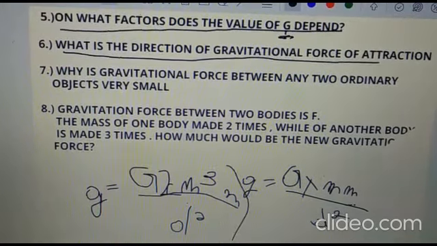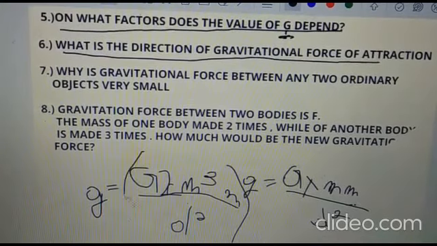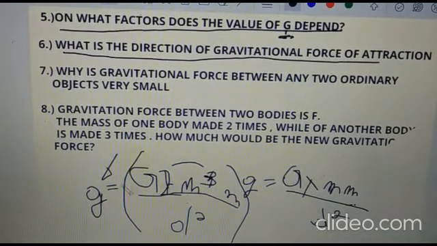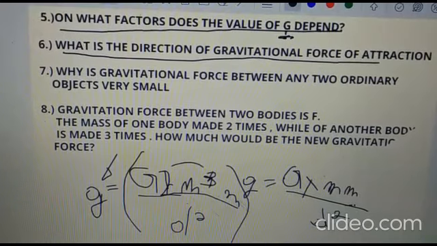Now we multiply these two, 2 and 3, and put it aside, which becomes 6. The rest is again the same: G into first m into second m divided by d square.